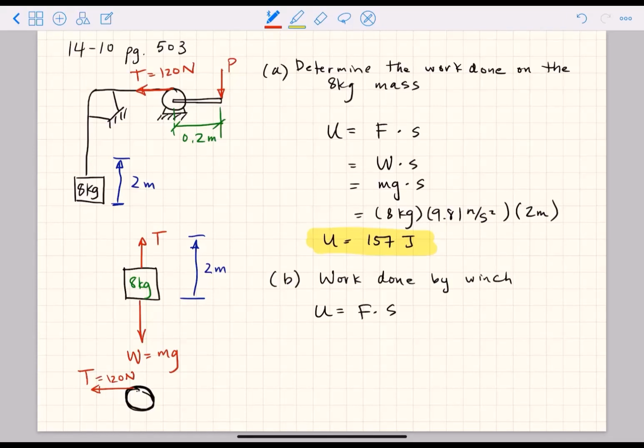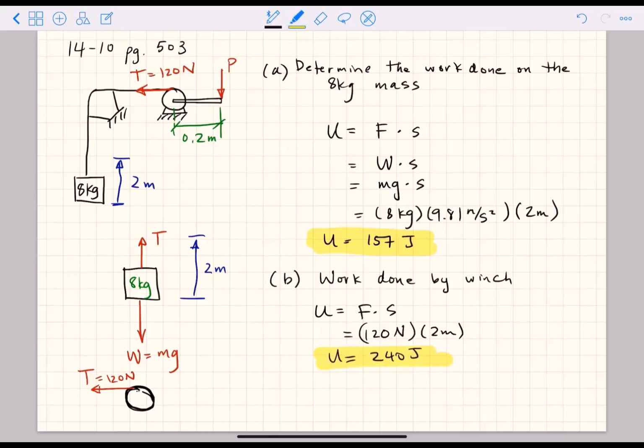When we lift that block up 2 meters, that means the winch is pulling in that line, in that direction, parallel to T, right at the winch. So this one is very simply just 120 newtons times that displacement of 2 meters. That's equal to 240 joules.